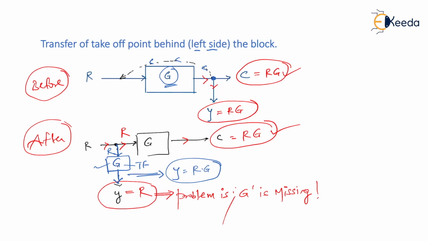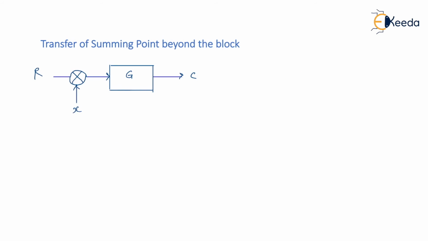Let's move ahead with the next rule. Transfer of summing point beyond the block. Let us see. What we are planning is to shift this summing point beyond the block. But as I said, whatever modifications or alterations you do, output should remain the same.